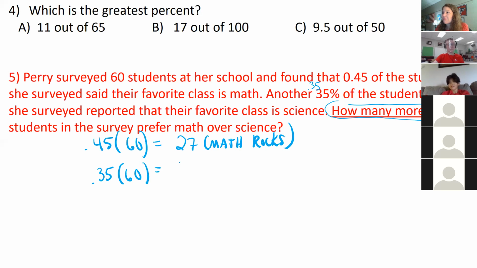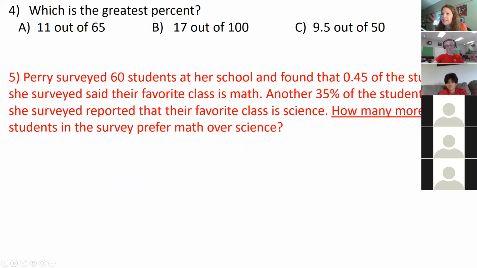And 21 for the bottom one. And of course, math 1. And so then what is the answer to the final question? 6, because how many more means we subtract? Yes. All righty.